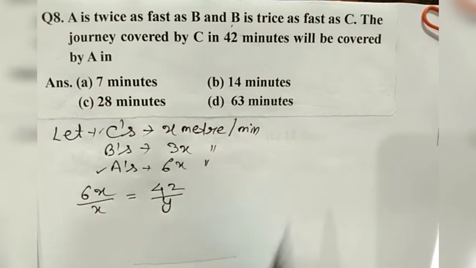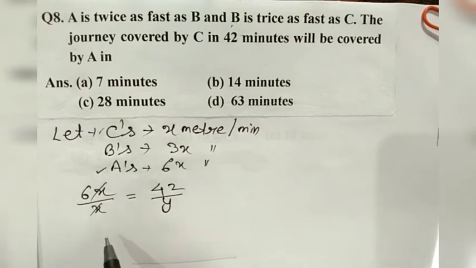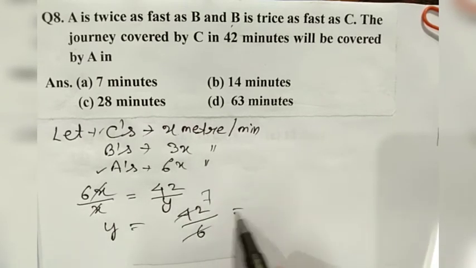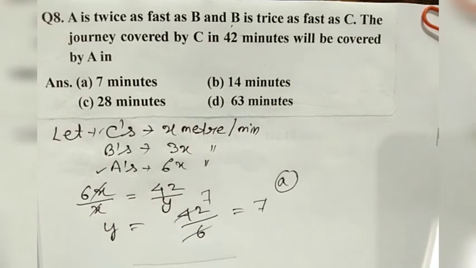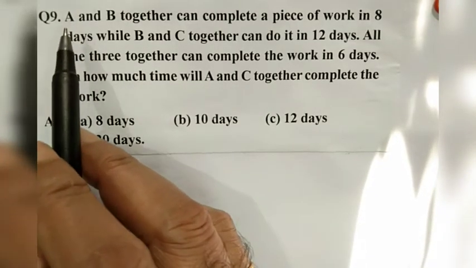Let y be A's time. Then y equals 42 by 6, which is 7. Answer A. Let's see the next question.